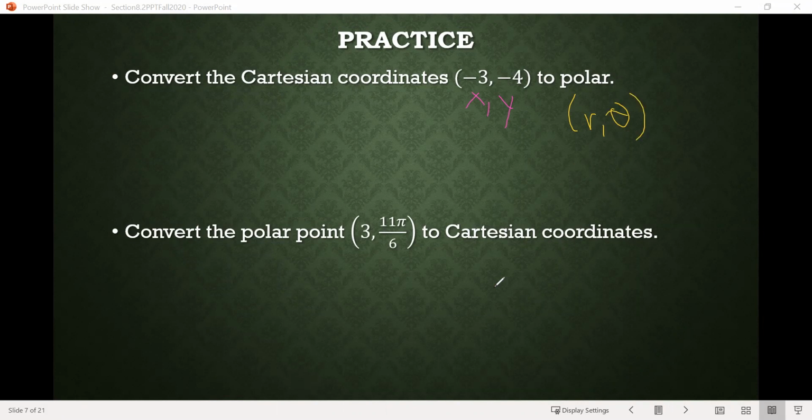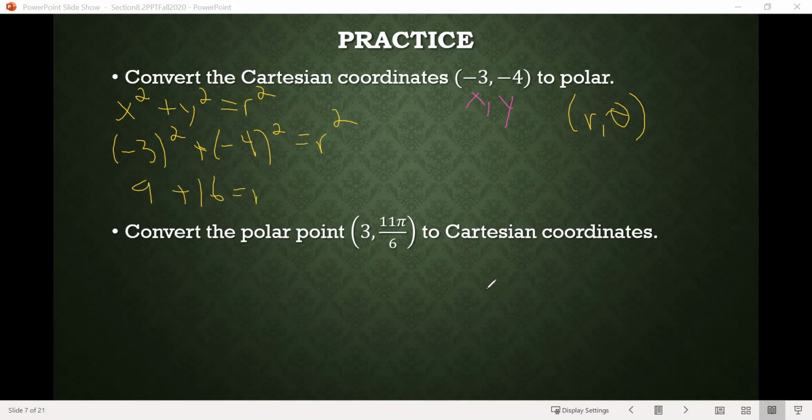All right, so as I mentioned, we can start this process by finding the value for r using that equation x squared plus y squared equals r squared. If we plug in our values for x and y there, we would have -3 squared plus -4 squared equals r squared. -3 squared is 9, -4 squared is 16, equals r squared.